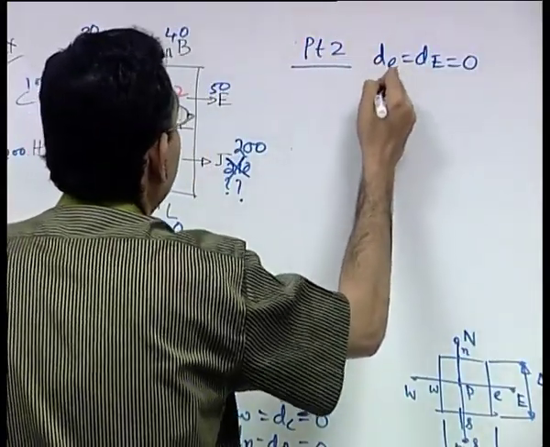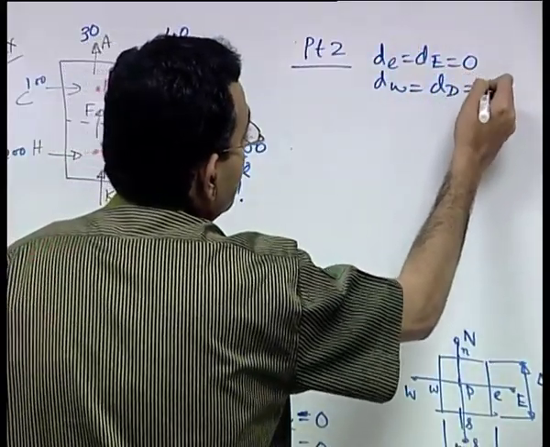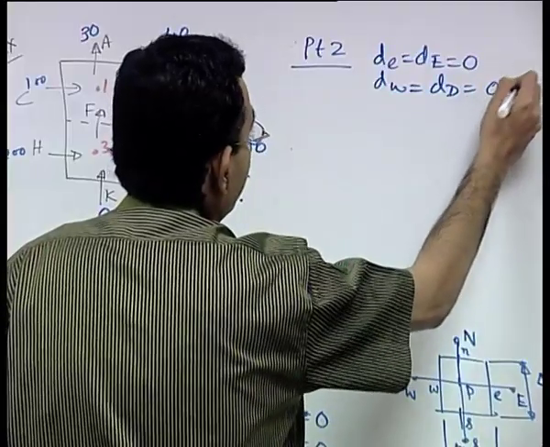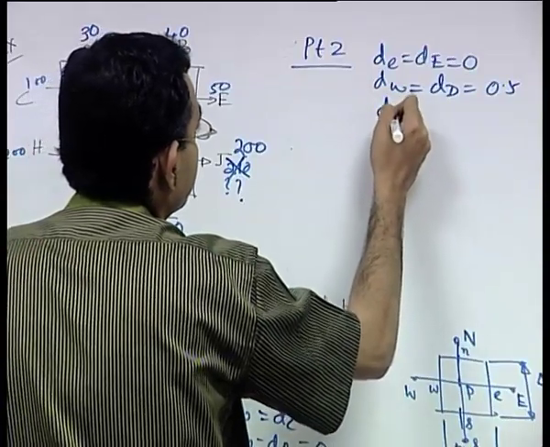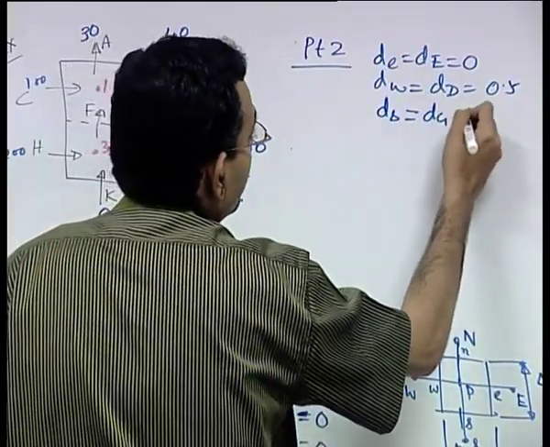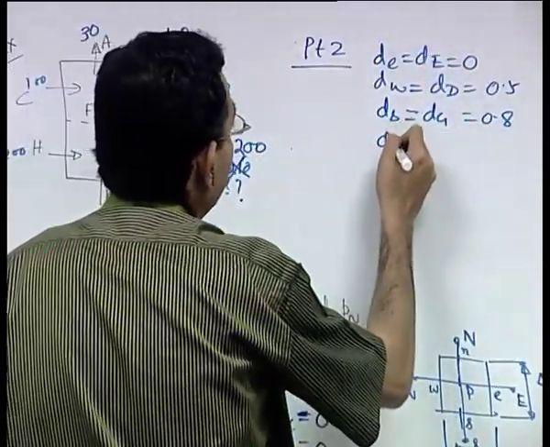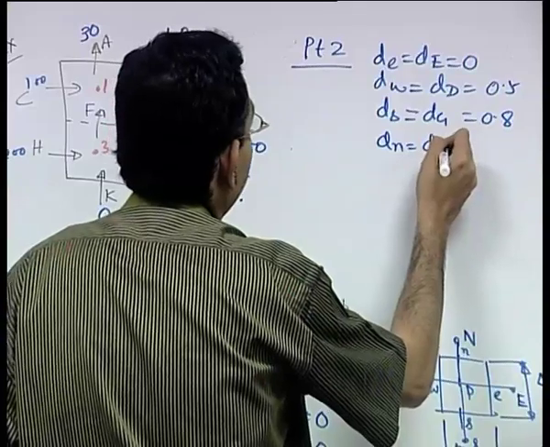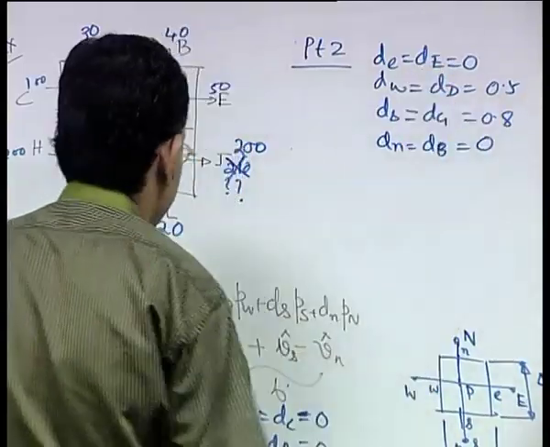Then what is DW? That is DD, that is equal to 0.5, DS is equal to DG equal to 0.8 and DN equal to DB, that is equal to 0.